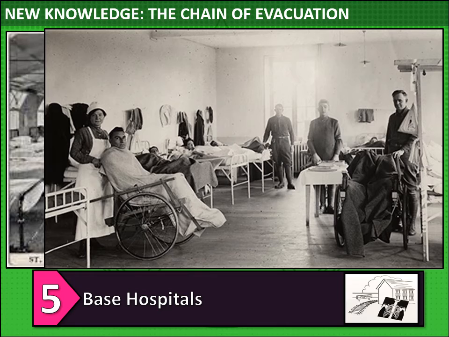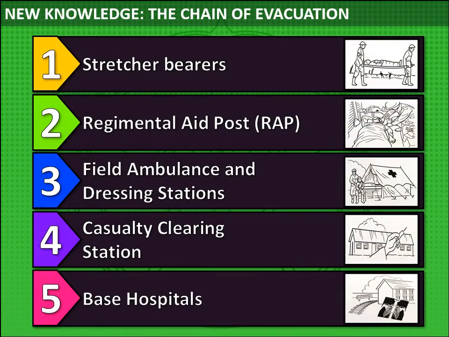For example, you might put everyone with a chest wound in the same area of the hospital, so that doctor becomes an expert in those particular cases. Therefore, there are 5 stages to our chain of evacuation.